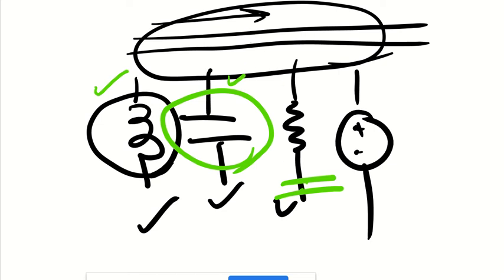Because of that, a chapter is assigned to transmission lines, or sometimes a whole course. Because of all these characteristics inside the transmission line, it will act differently depending on the frequency and wavelength of the signal you're sending.